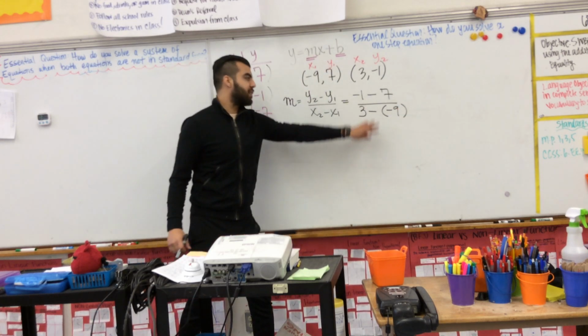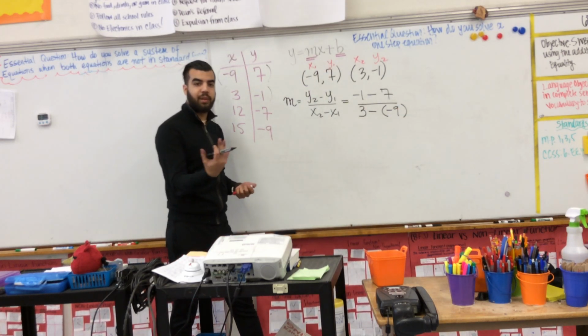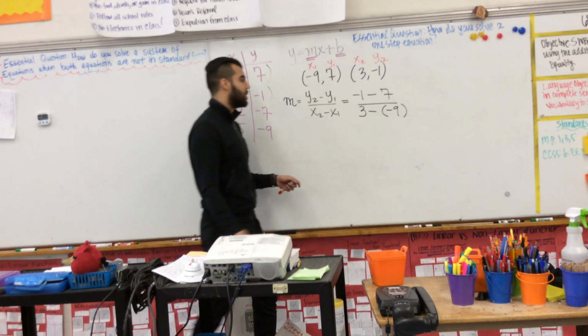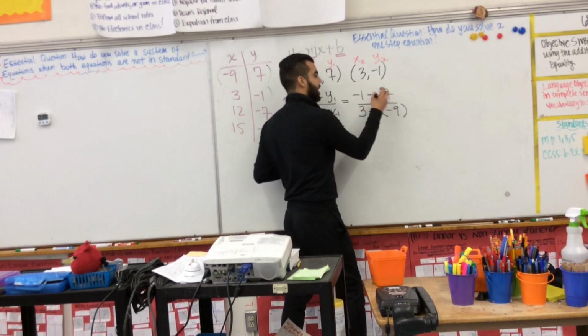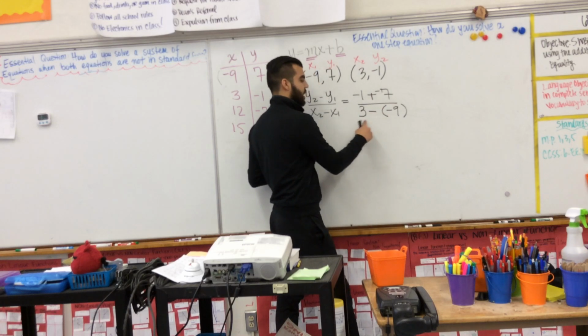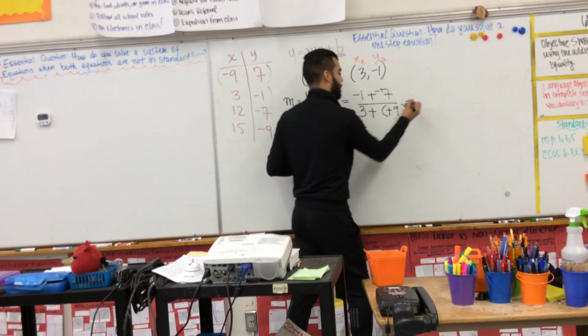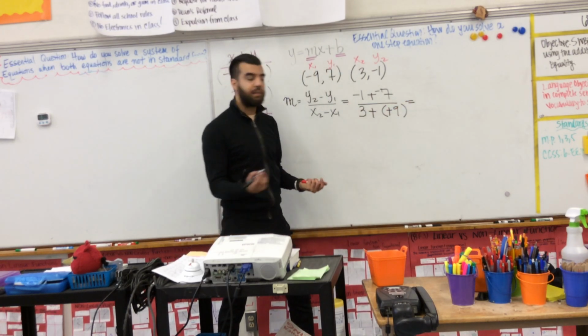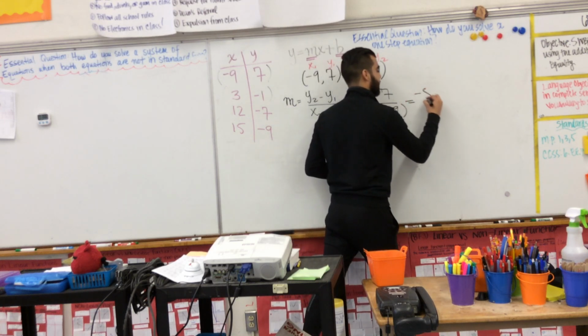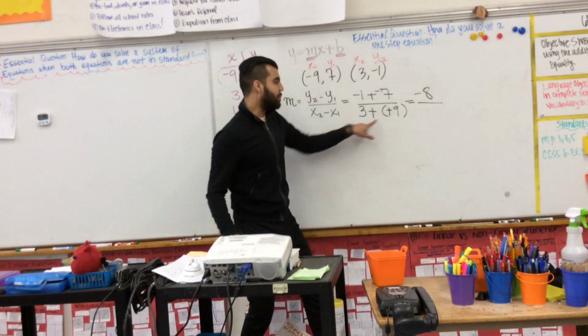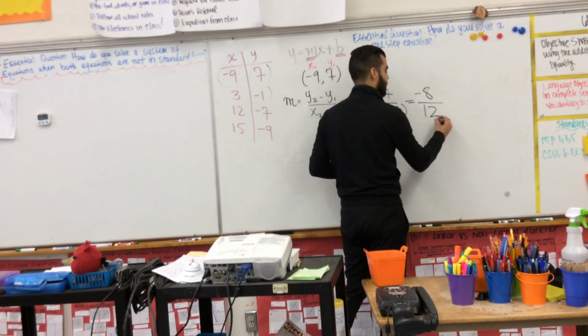Now we have all these integers that we're subtracting, so the rule that we want to use is the same change rule. So same change, same change. Negative 1 plus negative 7 gives me negative 8. 3 plus 9 gives me 12.